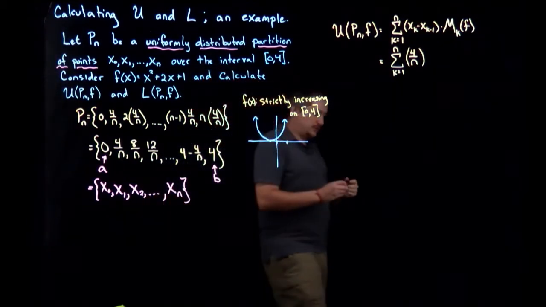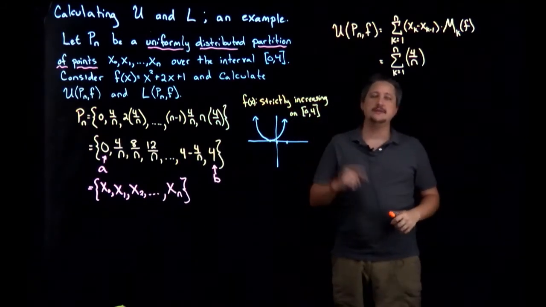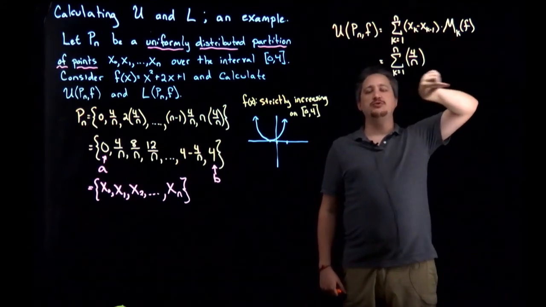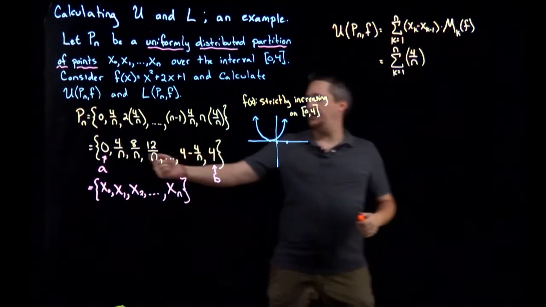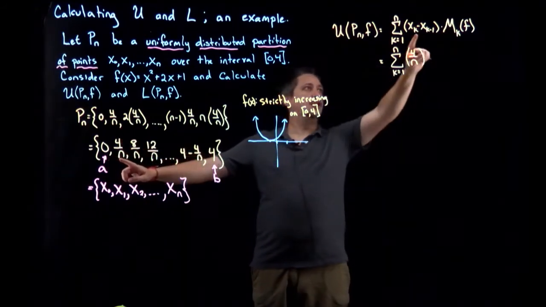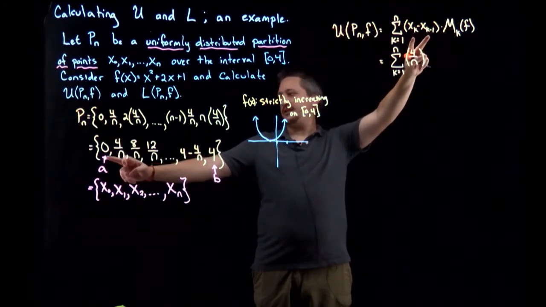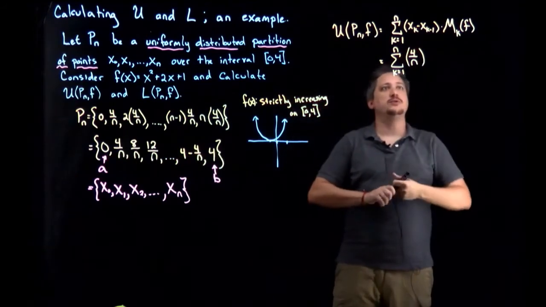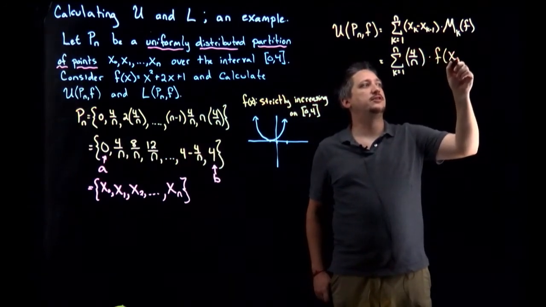But if it's strictly increasing, that means the more right I go, the higher up I get, which means that my highest point will always be the rightmost point, right? Which, if we remember, is going to be f of x sub k, because I'm looking at the interval between the k minus 1 and the kth x term. So this is really going to be f of x sub k.